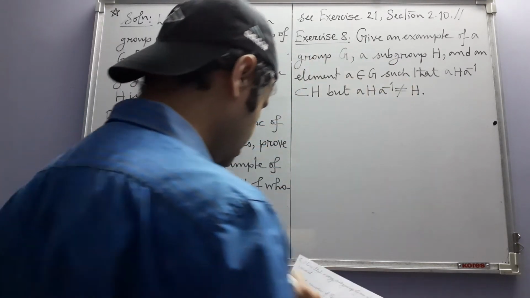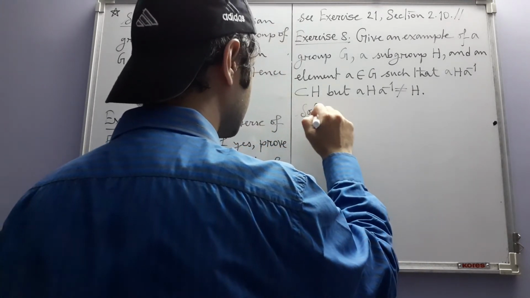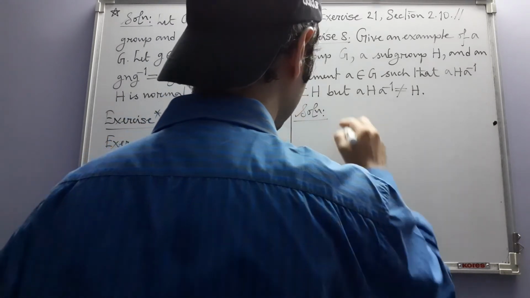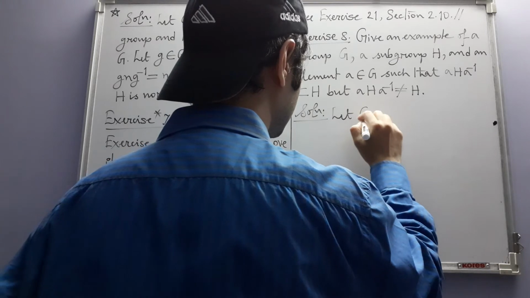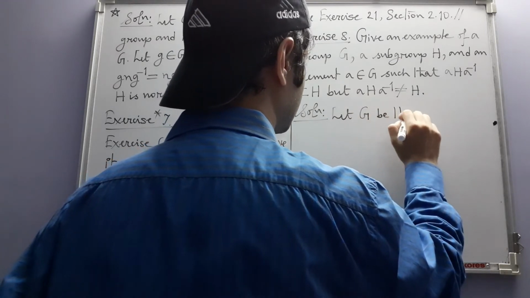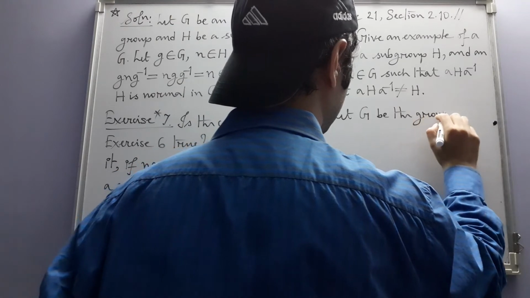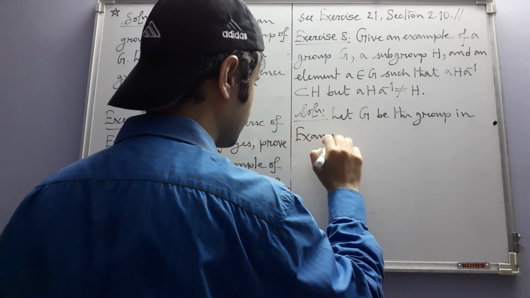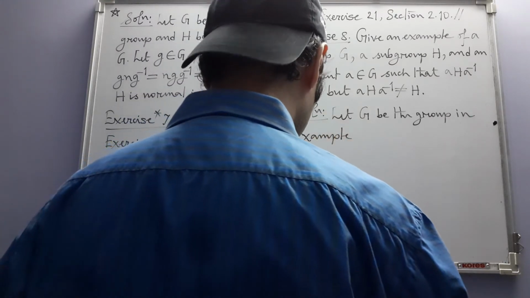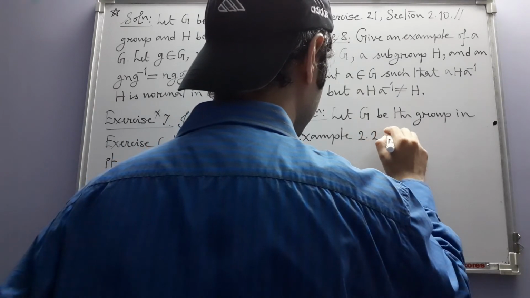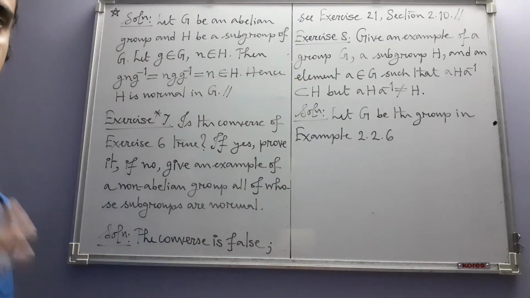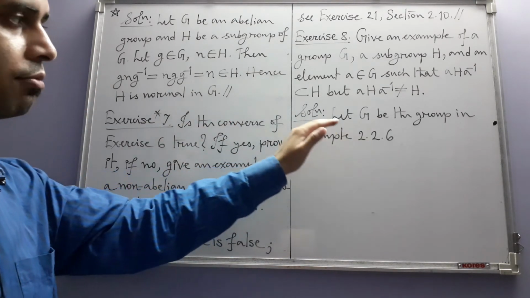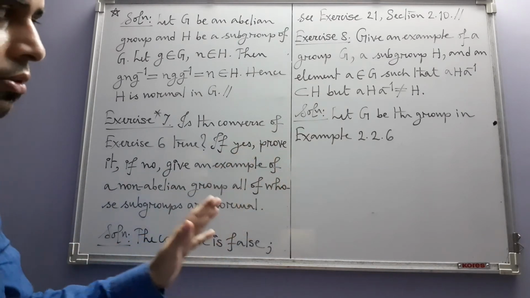And this example uses matrix groups. So let G be the group in example 2.6. When we discussed examples of groups, after we got the definition of a group, there we had our first example of a matrix group.